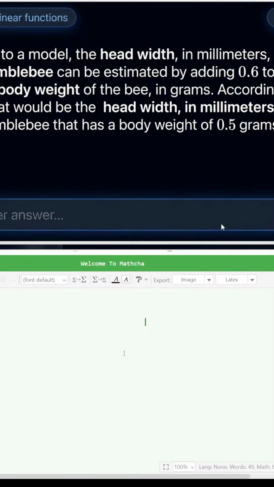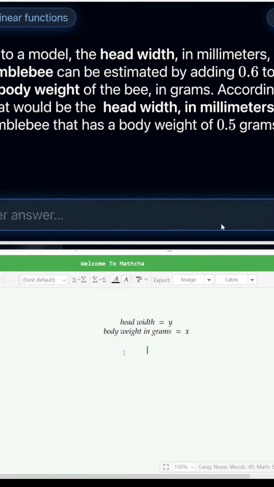So let us write it as a function. Suppose the head width of the bumblebee is y and the body weight, whose unit is given in grams, is x.